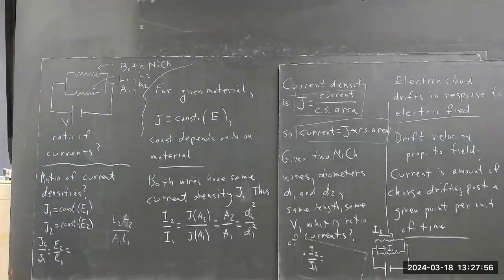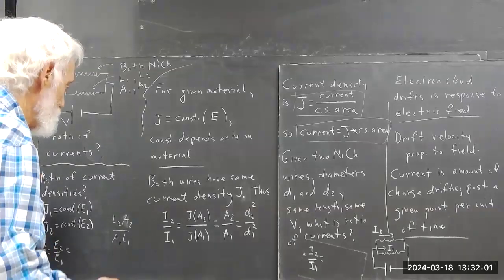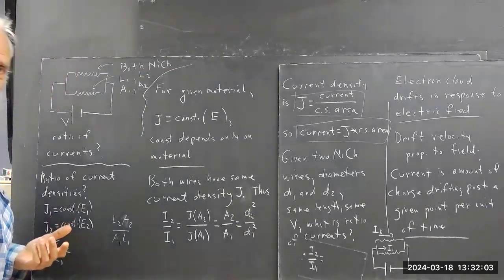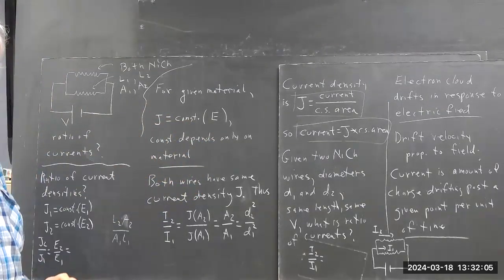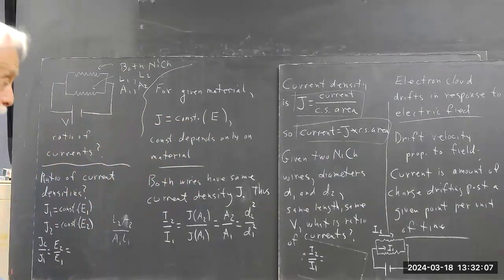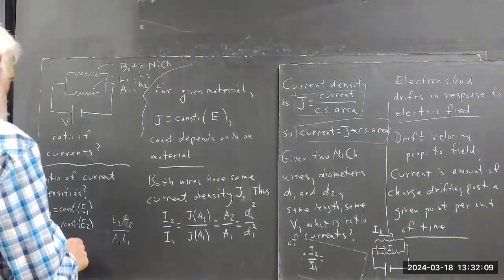Now let's digest that, make sure we understand that, because we really want to develop the feel for this current density thing. Because it's kind of the idea that we pivot everything on. Okay, so now E2 over E1, well, the electric field is just a number of volts divided by a number of meters. It's your voltage divided by your length.